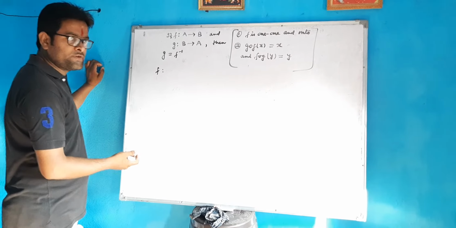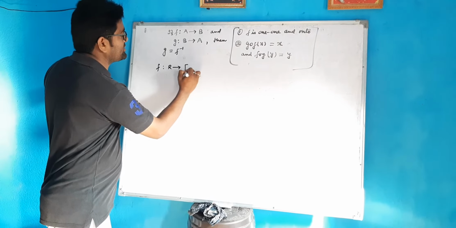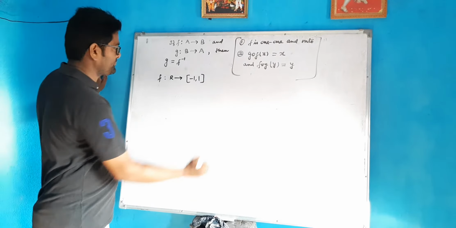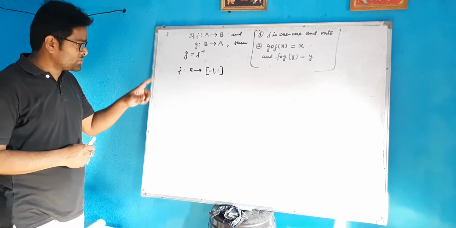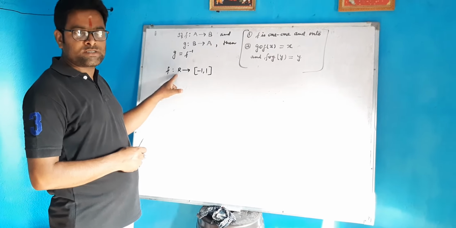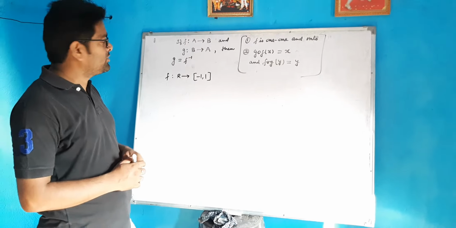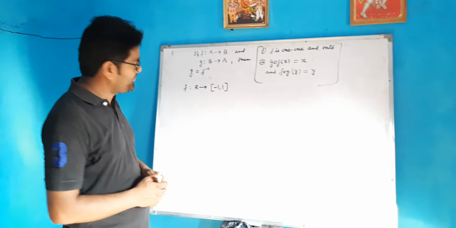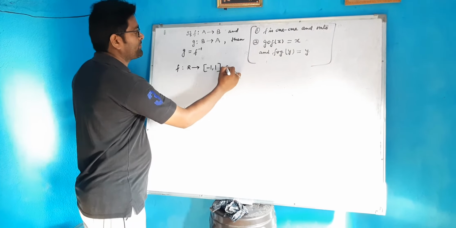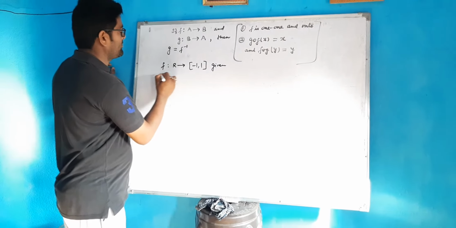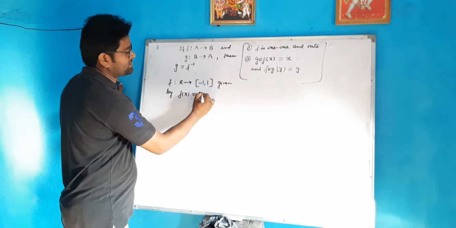The domain of the sine function is R, and its range is -1 to 1. Given by f of x is equal to sine x, the domain is the set of real numbers, and the range or codomain is the set of all real numbers lying between -1 and 1, including -1 and 1.